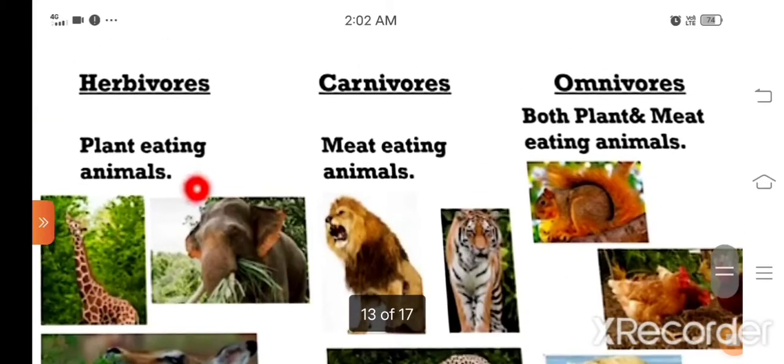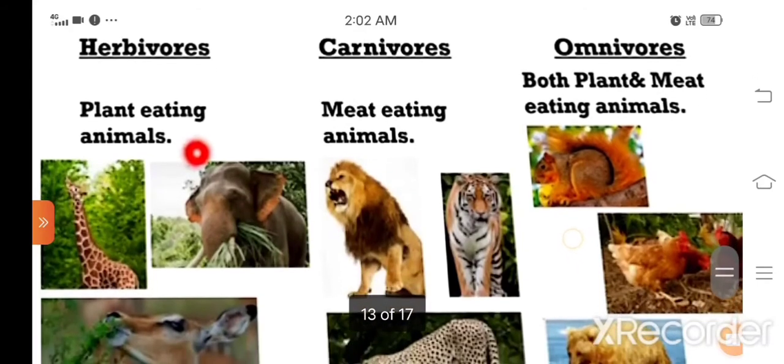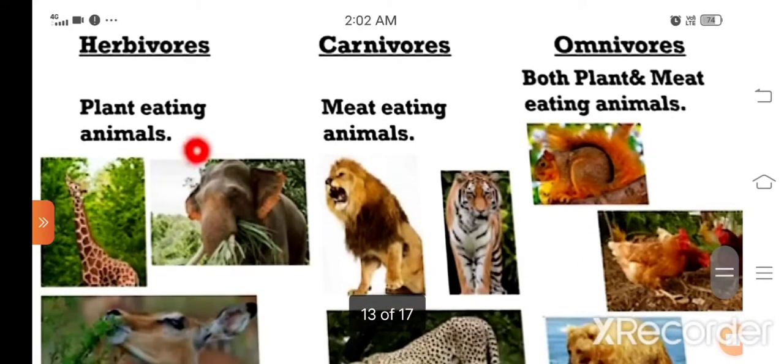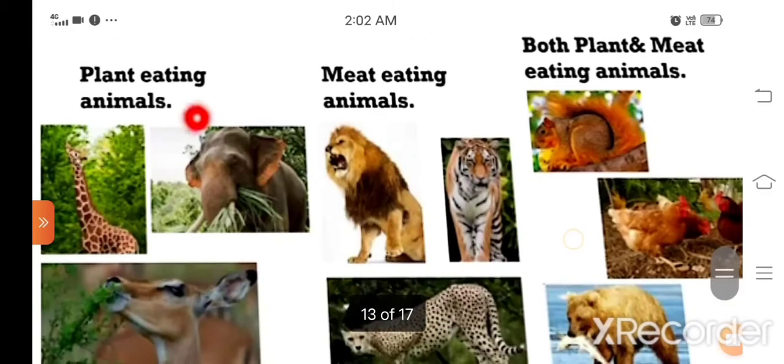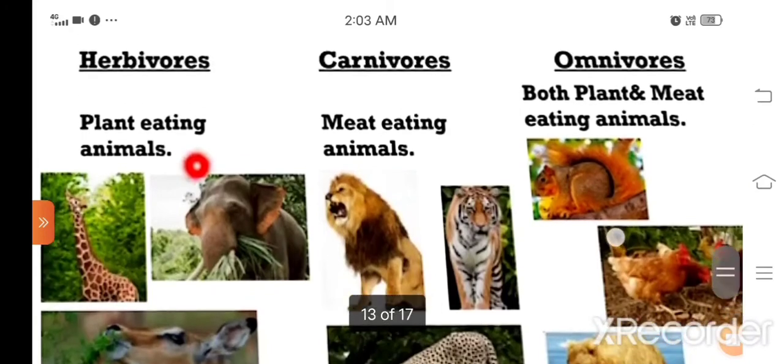After that, carnivores. Carnivores are the animals who eat the flesh of other animals, or you can say the meat eating animals are called the carnivores. These animals never eat plants, and you must know these types of animals: lion, leopard, tiger, wolf, fox, hyena. There are so many animals who eat the flesh of other animals.